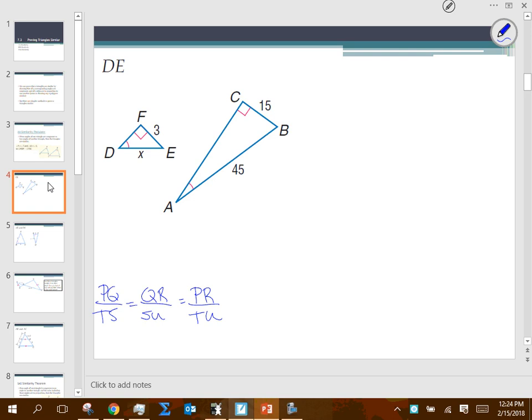If you don't understand similarity, you might be able to muddle through sine, cosine, and tangent, relying solely on your calculator. But if you do get stuck, how do you get yourself unstuck if you don't understand where the values come from, what the ratios and proportions mean to us, and that kind of stuff? So that's why I spend a lot of time trying to get us to realize these relationships, these ratios. Okay.